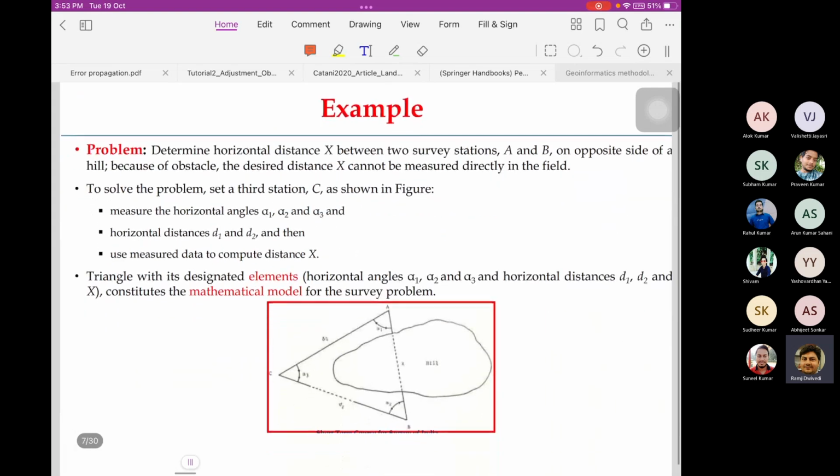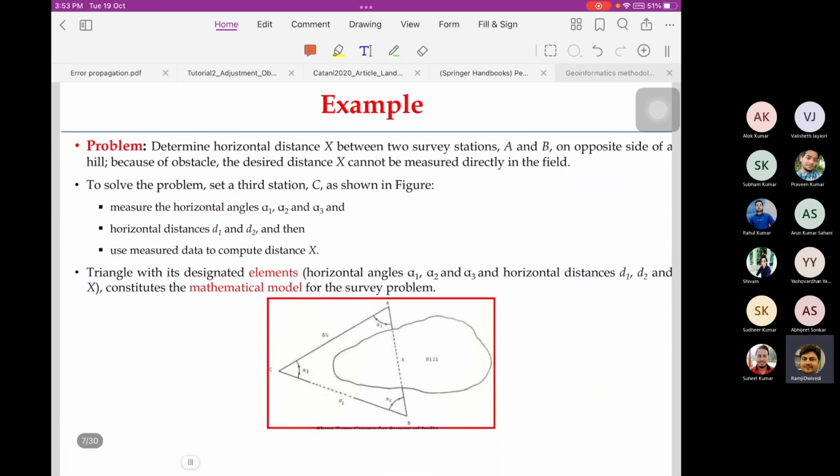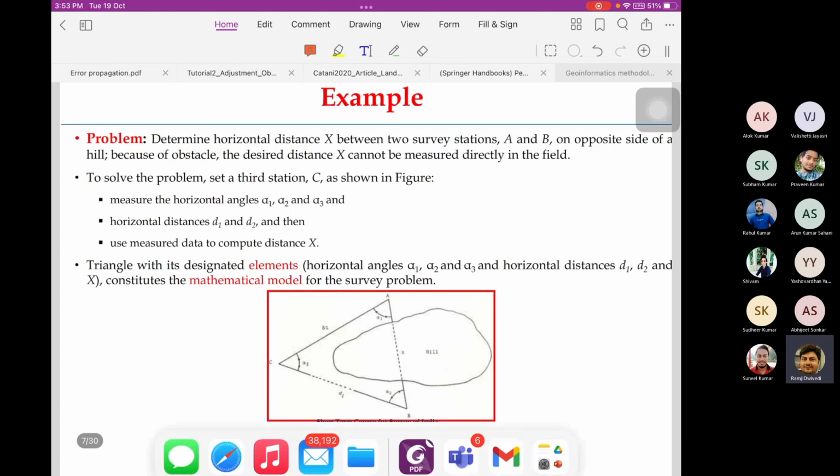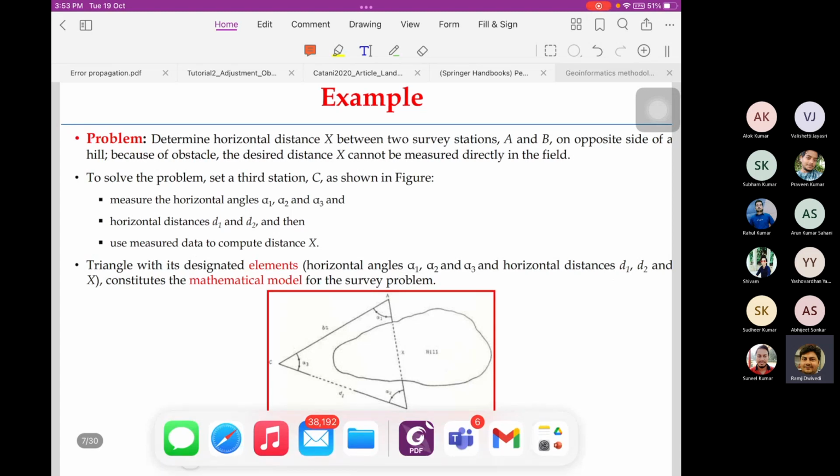So we are taking one example. Before solving this example, I ask you to attempt it. The problem is very simple.